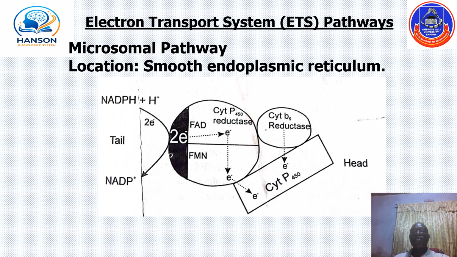The cytochrome B5, I beg your pardon, is an alternative route. It's an alternate route, so that component can be cut off without any adverse effects.